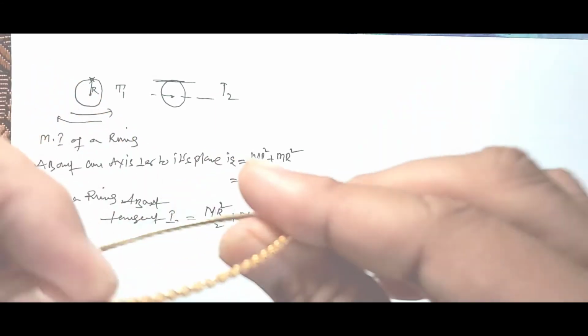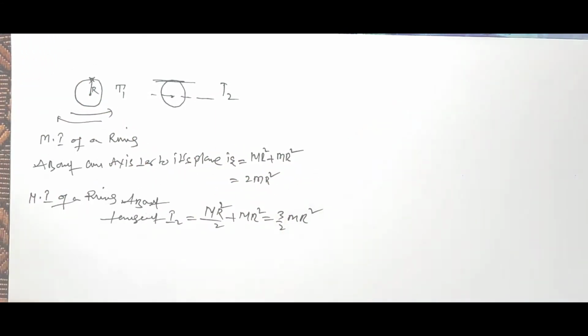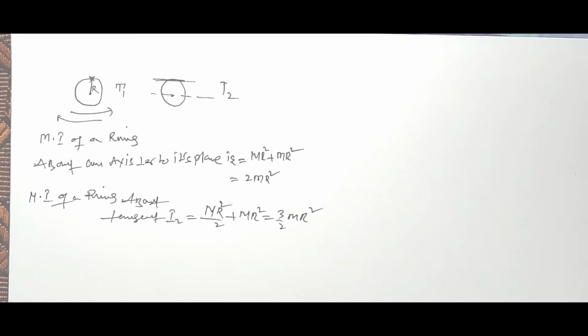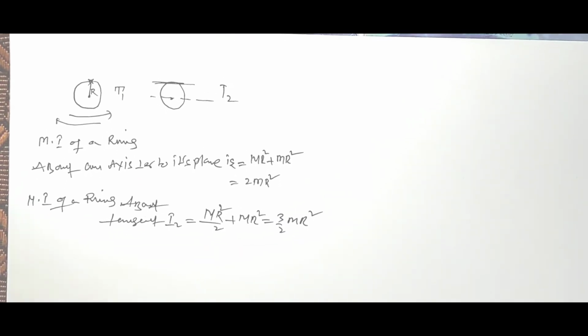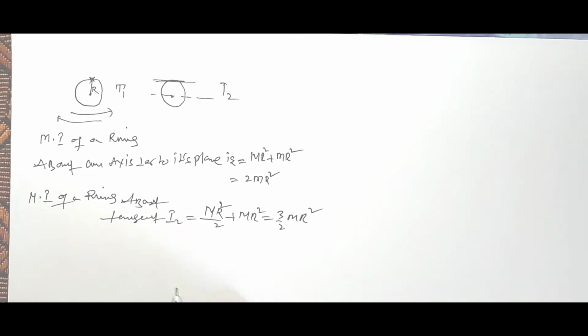In the first case it oscillates like this. So here the moment of inertia of a ring about a tangent, I2, is equal to 3 by 2 mr square.